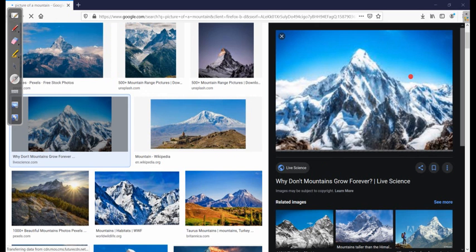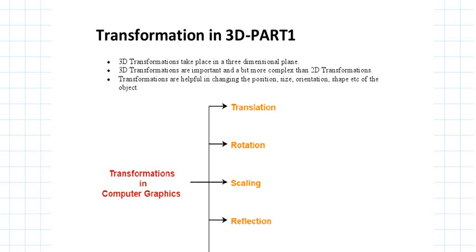Now my computer screen coordinate system is two-dimensional, but when you look at the picture of the mountain, it gives you a sense of three dimensions because we ourselves live in three-dimensional space. So it is critically important to understand the three-dimensional coordinate system and the three-dimensional representation of objects.